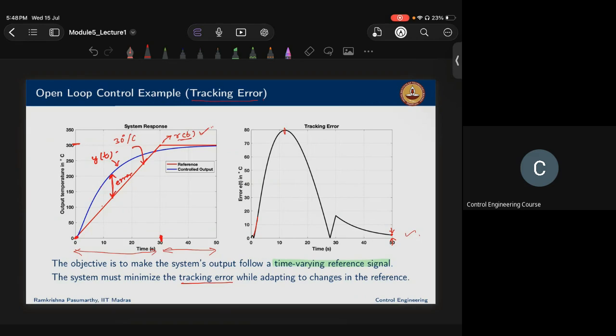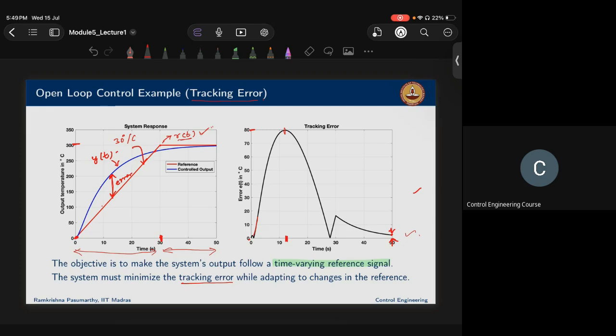If you plot that error, you can see this second image. The error starts at 0 and keeps increasing; around 12 seconds, the error is 80. Then it starts reducing, but at the end you will have some more error.